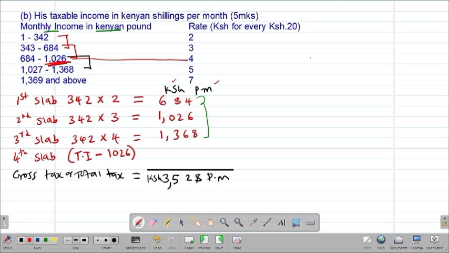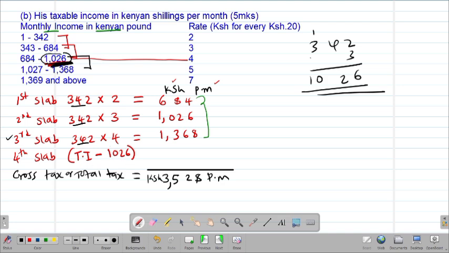Remember we said this amount can also be gotten by adding these values. You can also add 342 plus 342 plus 342, which is the same as 342 multiplied by 3. So this is 6, this is 12 carry 1, this is 9, 10. You can see it is still 1026. So you can just pick the value which is above that, which is 1026. So because we had stopped at the third slab, you pick the amount on the third slab, which is 1026.